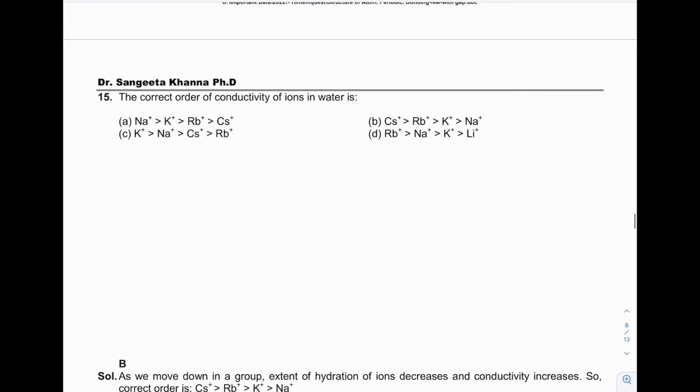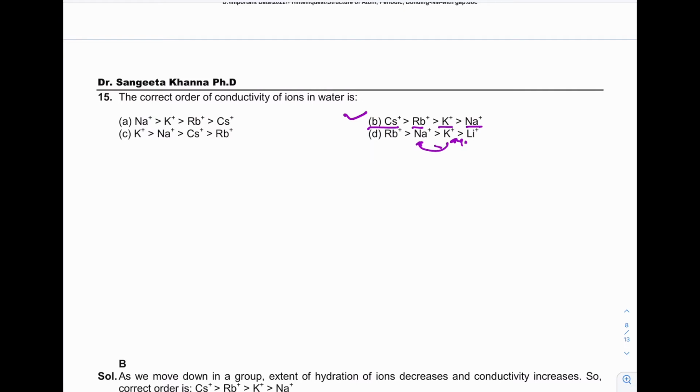Correct order of conductivity of ion. In water, the smaller the ion, the more will be the conductivity. Aqueous cesium ion is smallest, then rubidium, potassium and sodium. So correct is B. Here potassium is bigger. No, sorry.